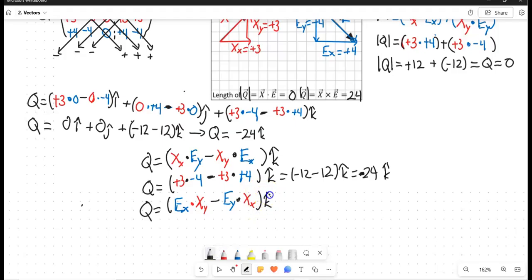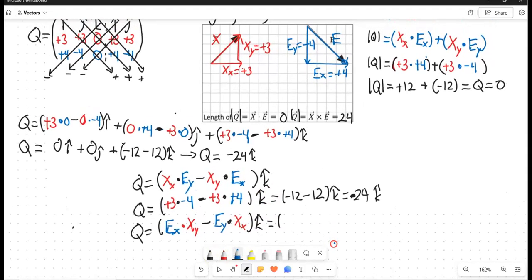K hat. And what you get here is, for the x direction of E, positive 4. And we're going to multiply that by the y direction of 3, which is positive 3.